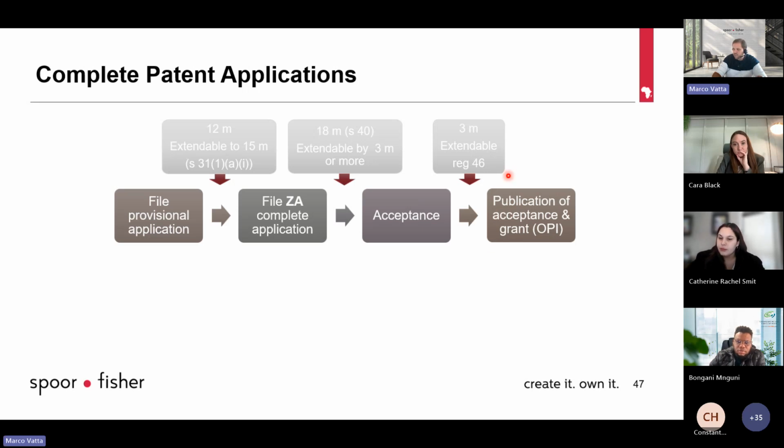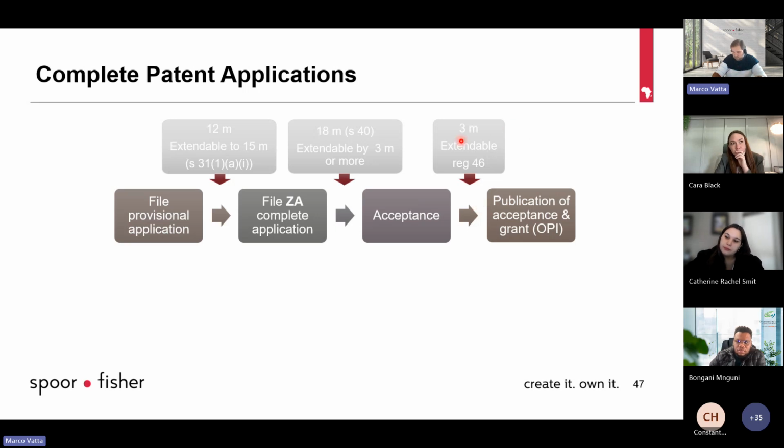Okay, so as you can see, a very important deadline, because this is at the end of the prosecution. The applicant would have already expended a lot of money, not just in filing the application, but in the research and development that took place to get to the stage where they are able to protect their intellectual property. And if it comes to the last step in securing those rights, if that step is missed, then the rights are lost.